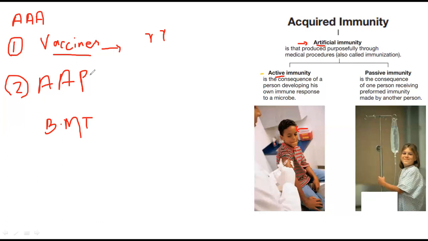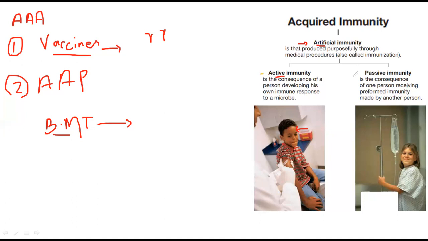When they enter a person, the person starts multiplying them, and he makes different immune cells and antibodies. The bone marrow is the immunity of another person, but it is given to this person, who then uses it to manufacture different immune cells.